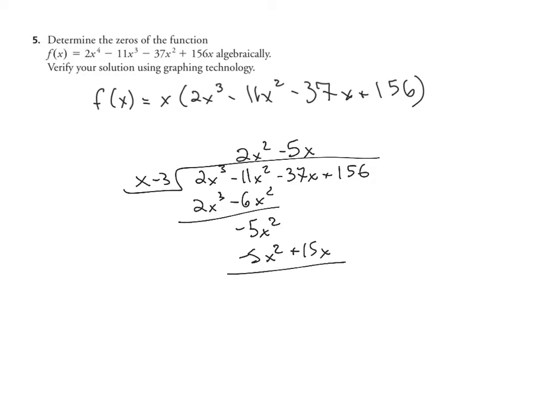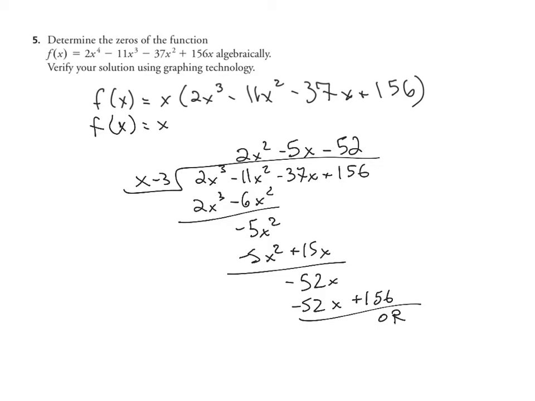Negative 37 minus, so minus 52x. That's going to be minus 52. And that's negative 52x plus 156, and a 0 remainder. That's good news. So f of x equals x minus 3, and 2x squared minus 5x minus 52.